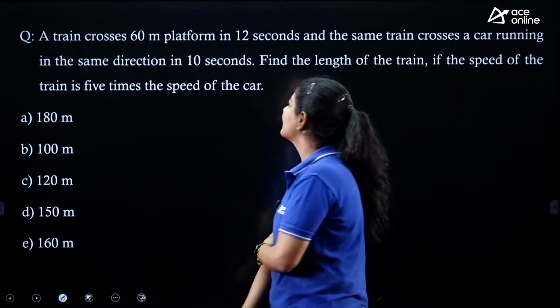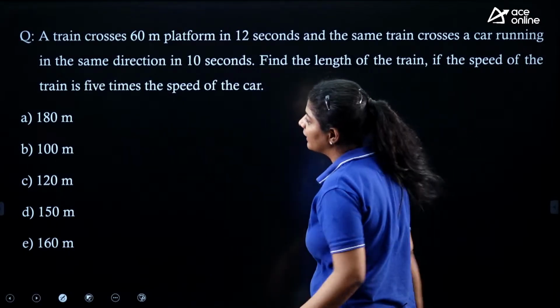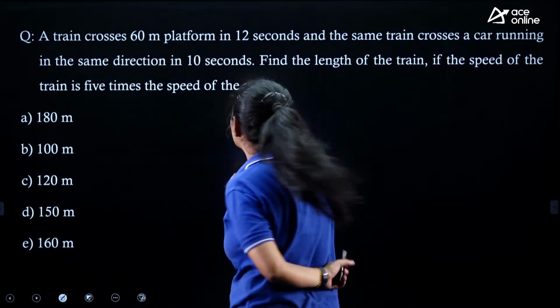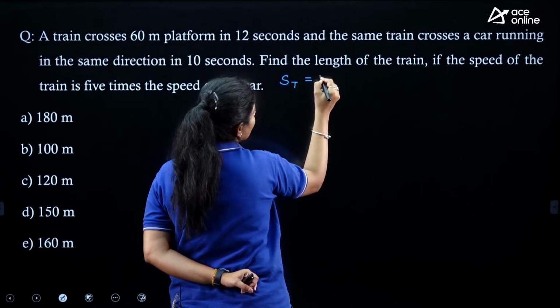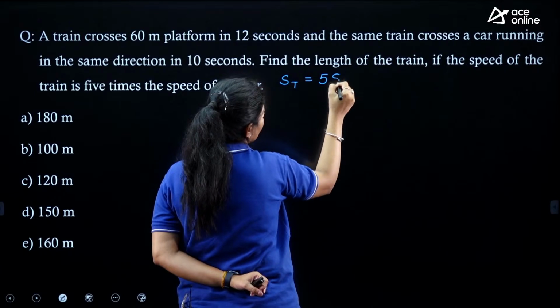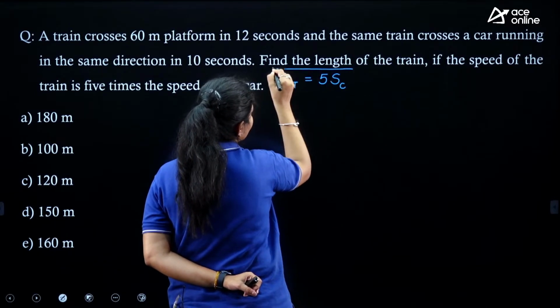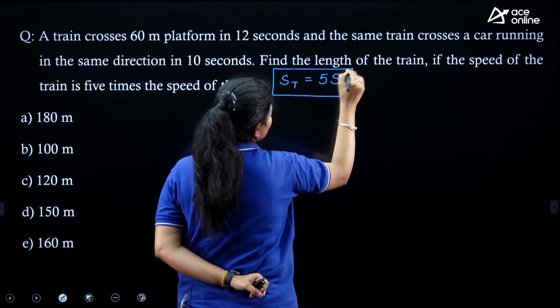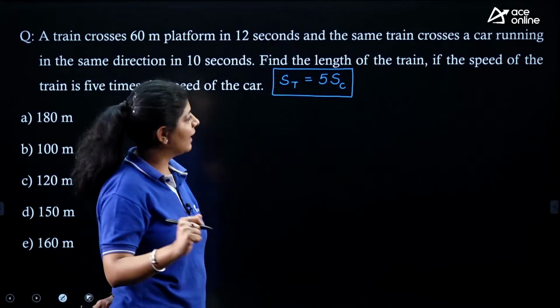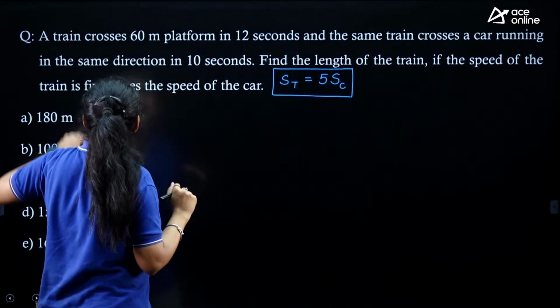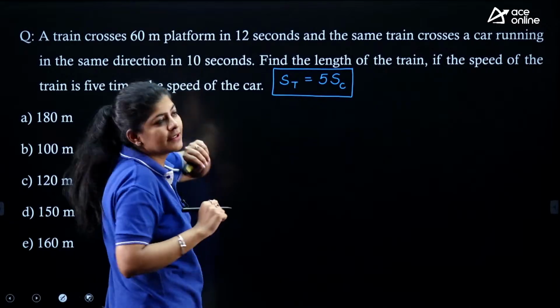The question is saying that the speed of the train is 5 times the speed of the car. So I'm assuming that the speed of the train, ST, is 5 times the speed of the car, SC. This is the relation of speed between the train and the car. Now, the question is saying that a train crosses a 60-meter platform.